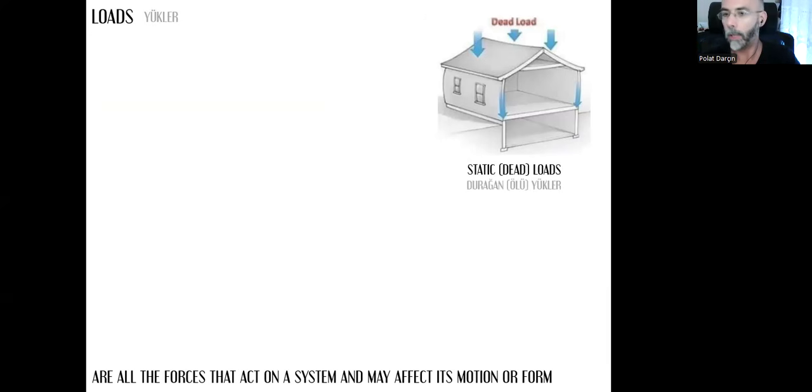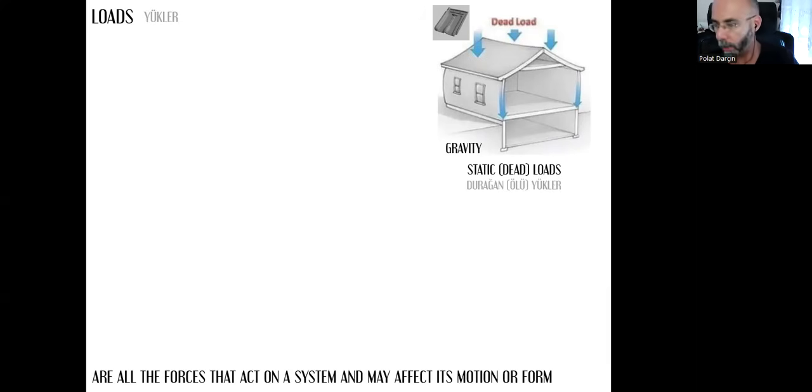In Turkish, we call them durağan, static, or ölü, dead, yükler. And they are mainly because of these different building pieces and components. And since there is gravity, the pulling force towards the center of the earth, they create certain loads. And all these loads need to be met and transferred by the structural system of the building safely.